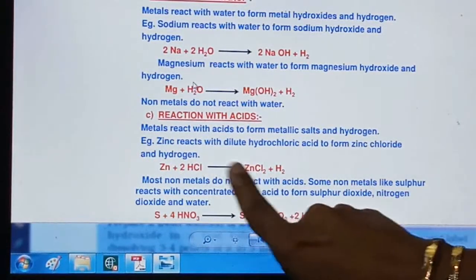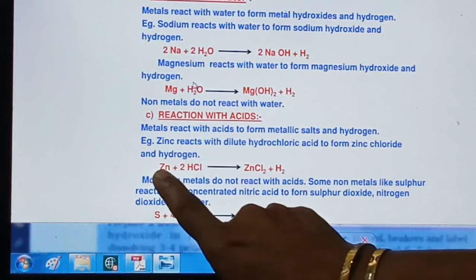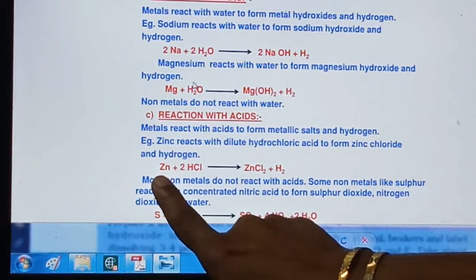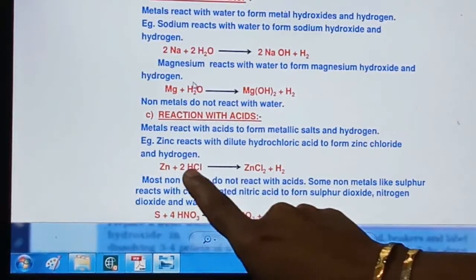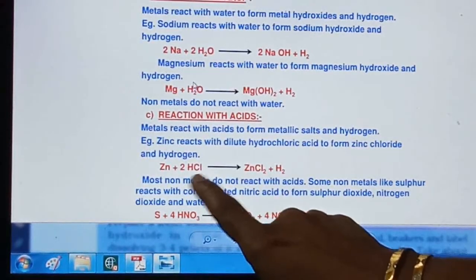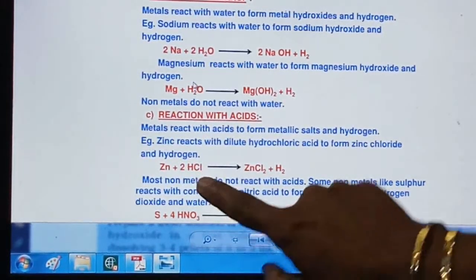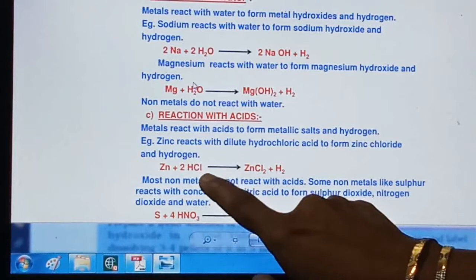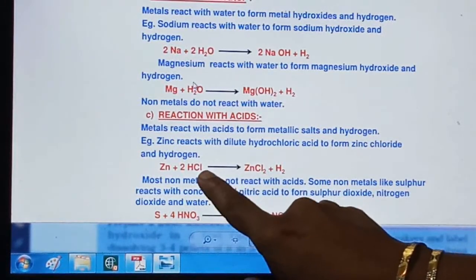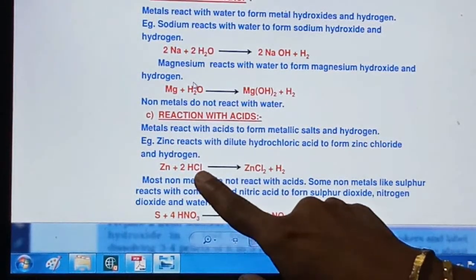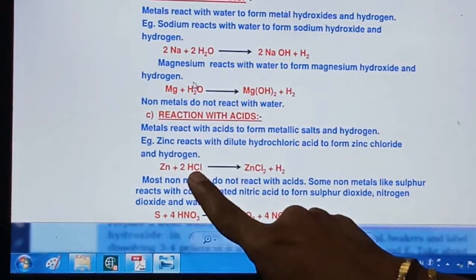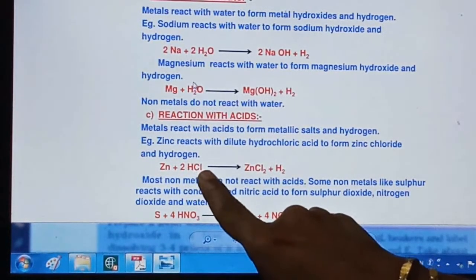See the molecular form of the reaction. Zn is nothing but zinc, plus HCl means hydrochloric acid. H capital, C capital, l small. Most of the time students write l capital, so don't write l capital here, write l small. HCl is the molecular formula for hydrochloric acid.